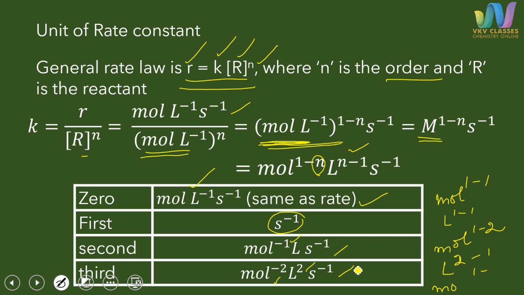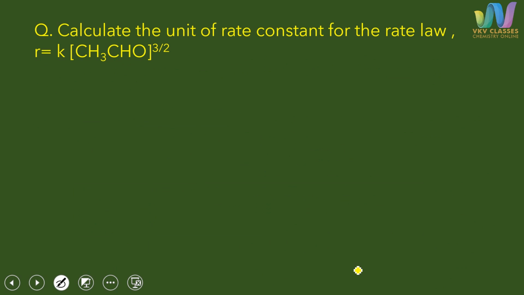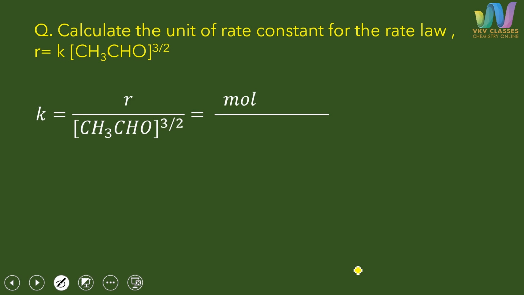So you cannot write the unit of K without knowing the order of the reaction. Calculate the unit of rate constant for the rate law R equal to K into CH3CHO power 3 by 2. Here K is equal to R by CH3CHO power 3 by 2. The unit of R is mole per liter per second.